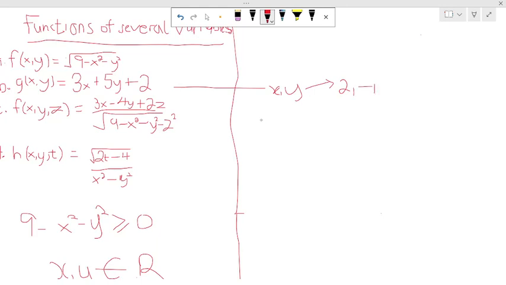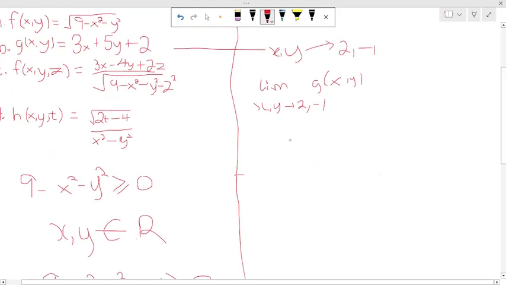So how do we evaluate this limit? The limit as x, y approaches 2, negative 1 of g of x, y is just going to be us substituting the value of x and the value of y.